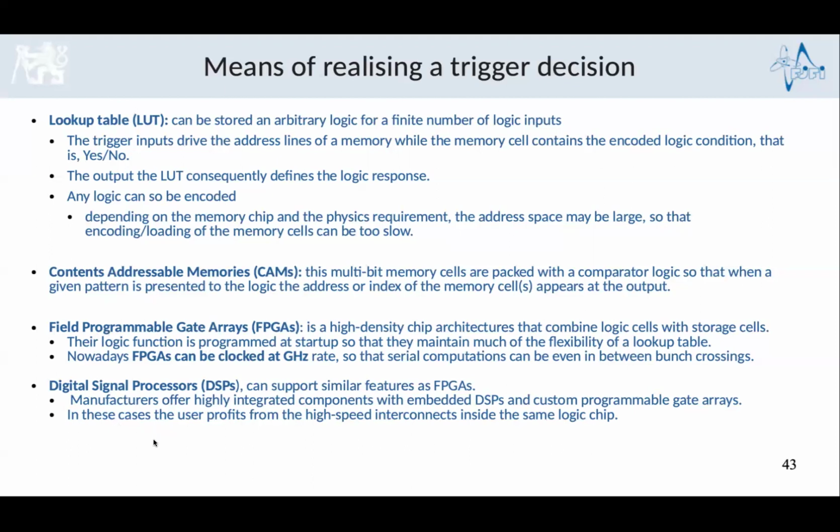There are even chips, or FPGAs, that have some digital processors integrated inside a single module, or even some processor that you can use to make a specific task for the processing of information.